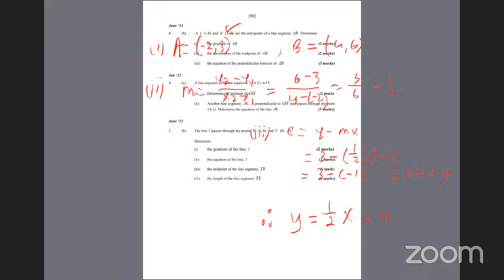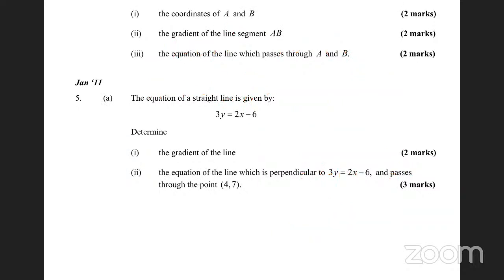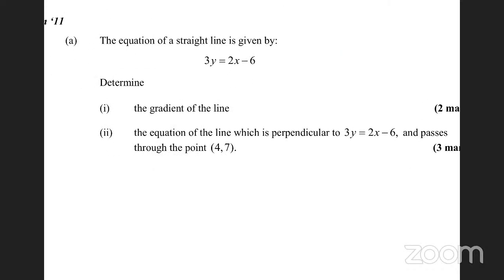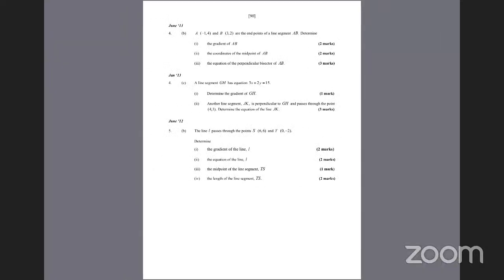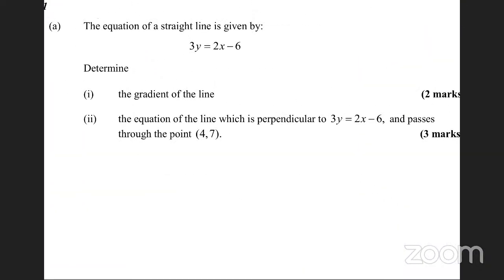All right. So watch this here. Look at this question here in Jan 2011. They gave us an equation, 3y is equal to 2x minus 6. And then they asked us, what's the gradient of the line? Ashton said 2.